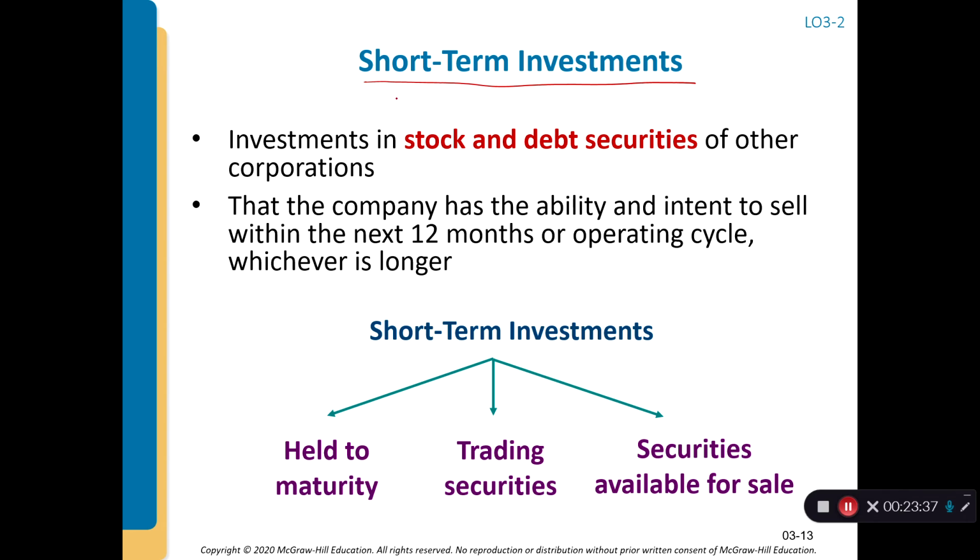This kind of investment can be stocks or debt securities of other corporations, and the company has the ability and intent to sell within 12 months or within the operating cycle. Short-term investments can be held-to-maturity, trading securities, or available-for-sale securities. These are the three kinds, and we will talk about them in detail in the future.